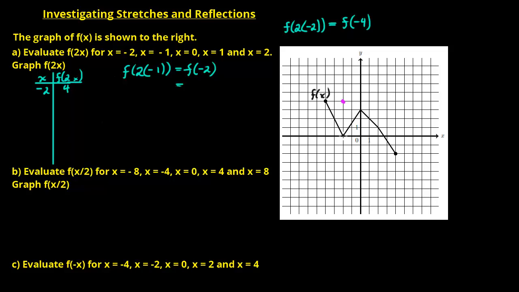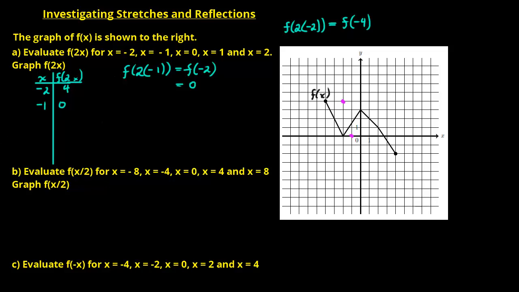F of negative 2 is 0. So when x is equal to negative 1, f of 2x is 0. That gives us another coordinate on the graph of f of 2x. We have the coordinate negative 1 comma 0, which is this point here.